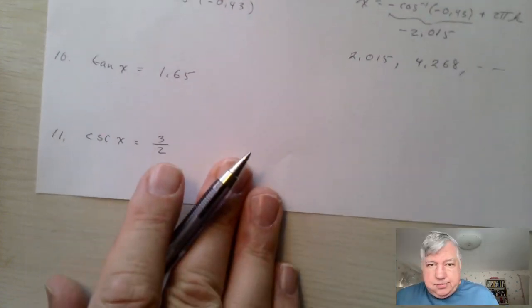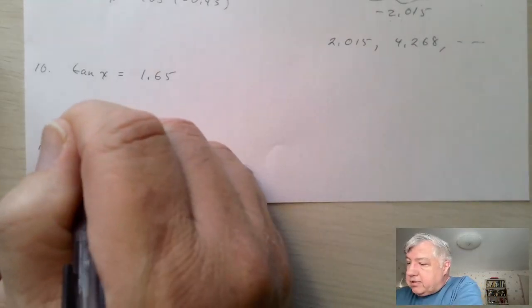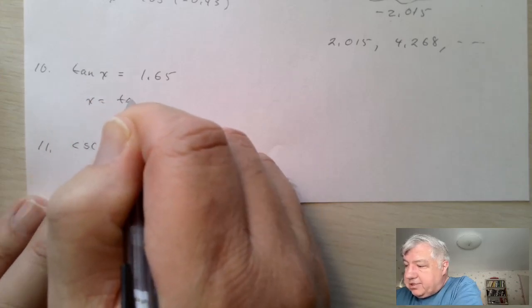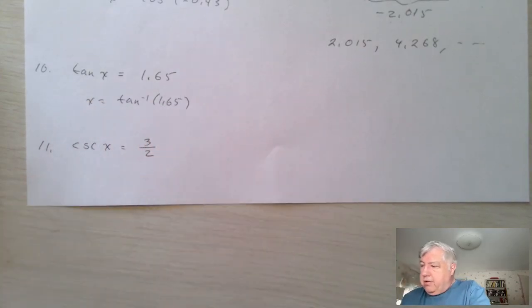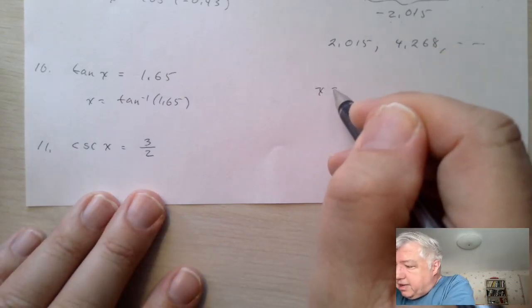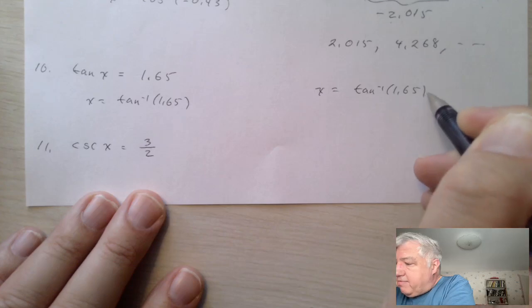Tangent. We have the tangent is 1.65. Well, it looks like x will have to be the inverse tangent of 1.65. So x would be the inverse tangent of 1.65 plus pi k.